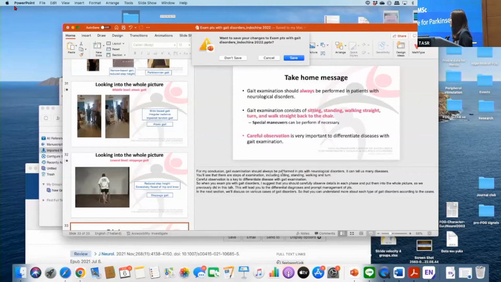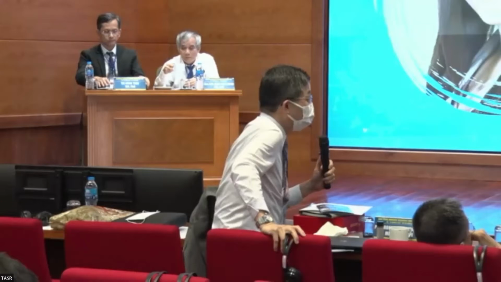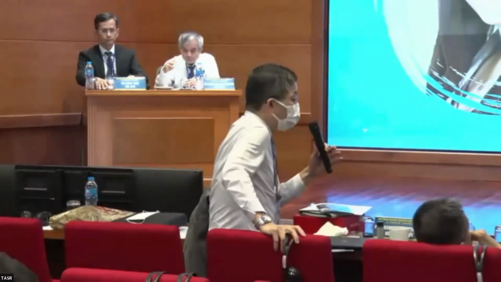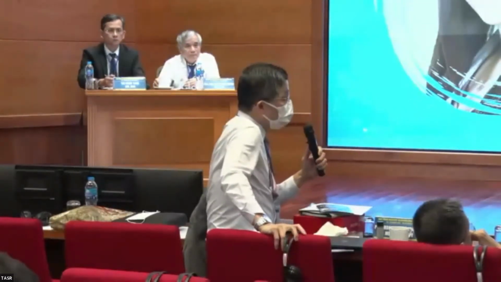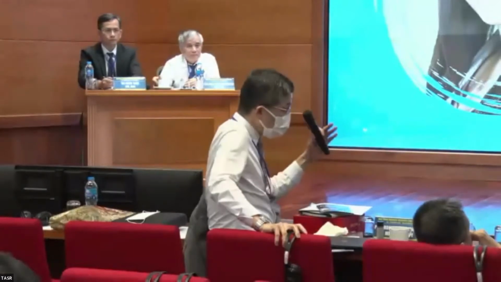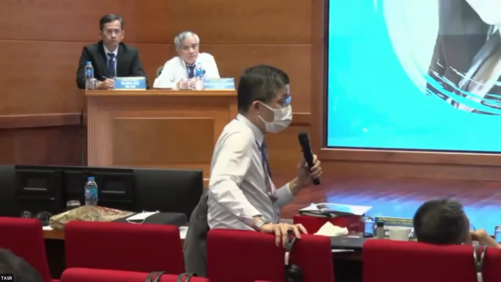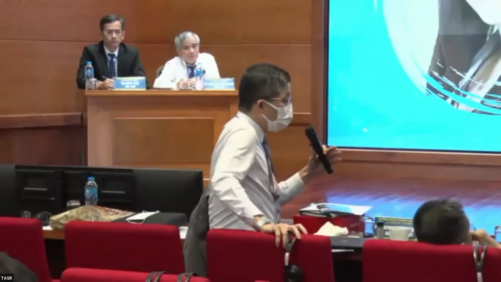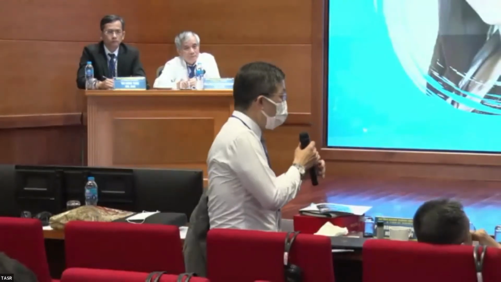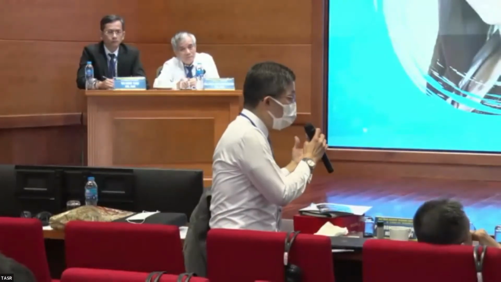I think one of the good examples is the wide-base gait, where the patient is actually trying to compensate.